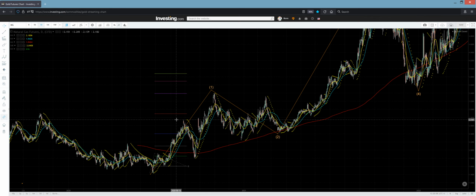This is wave 3. It extended beyond the 1.618, but did not reach the 2.618 level of its extension.